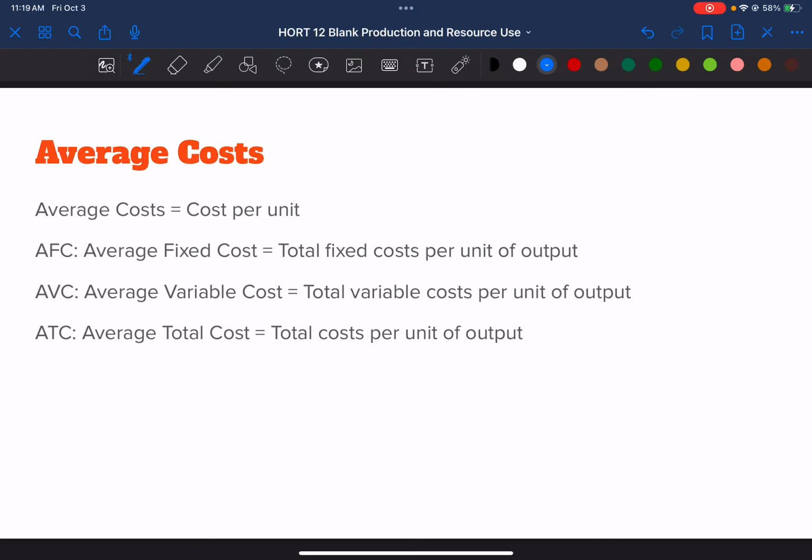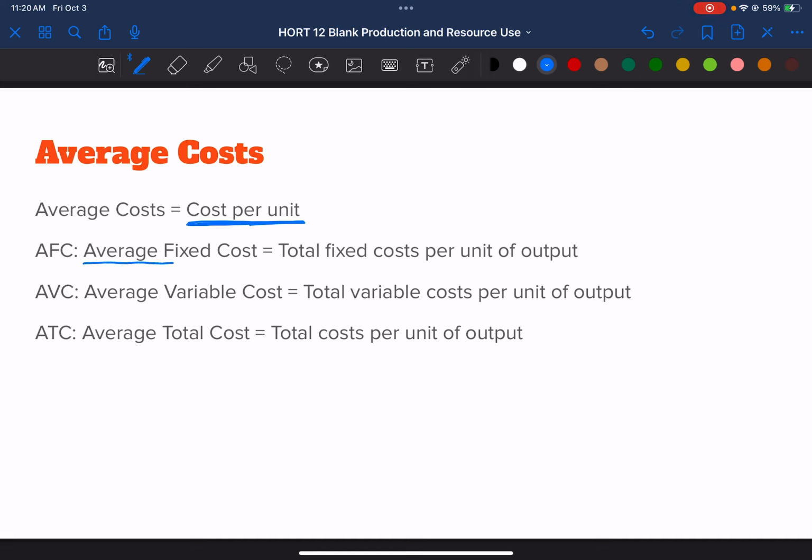Okay, so that was total costs, but now we need to look at average costs because these are important for making decisions in businesses. We need to know the cost per unit, not just the total cost to produce everything that we're producing. We need to break it down to the unit level in order to make good decisions. Just like total costs, we have 3 different types of average costs.